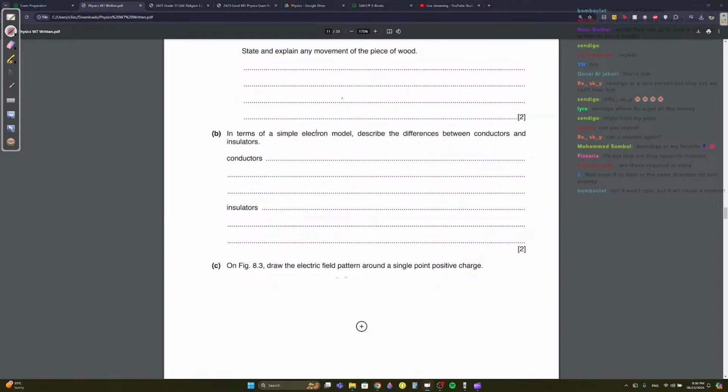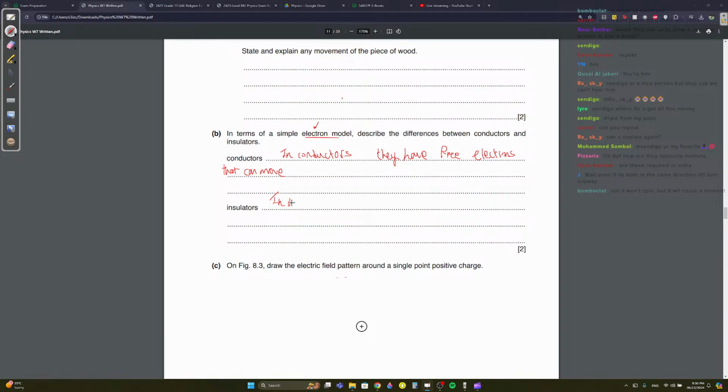In terms of simple electron model, describe the difference between a conductor and insulator. Guys, in terms of electrons, you have to talk about electrons. What do we know about electrons in conductors? In conductors, they have free electrons that can move.